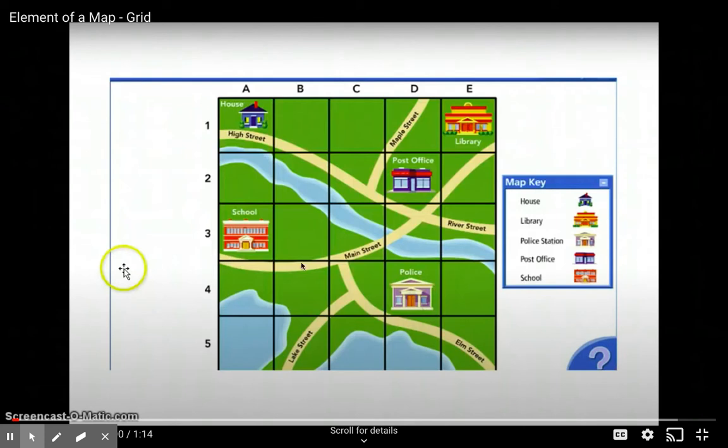So we still have these roads on here and we still have our rivers and maybe a lake or ponds, but it also has buildings like the police office, the school, post office, our library, and home. So our map key has those buildings. And it shows us kind of where each of the buildings lands on each of the maps. So that's why we use a map grid.